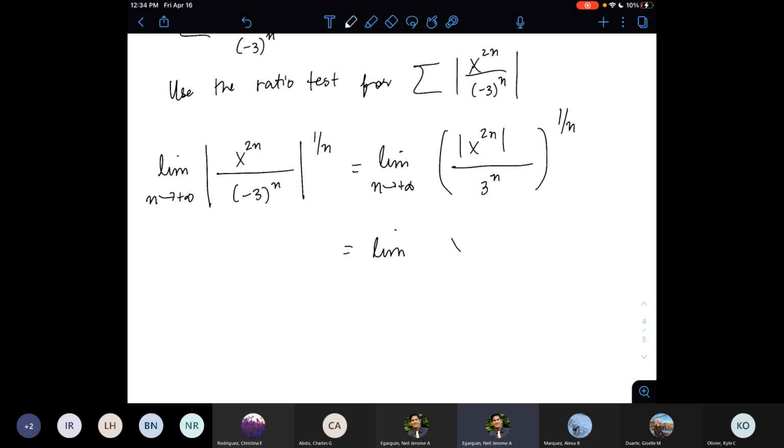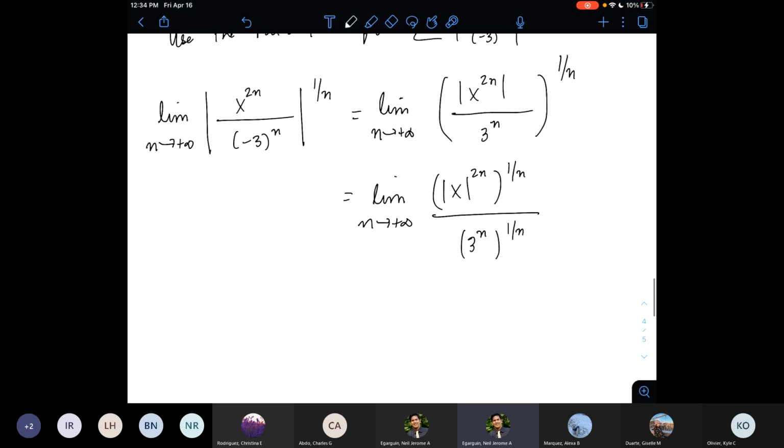So what we'll have is the absolute value of x to the 2n raised to 1 over n, all over 3 to the n raised to 1 over n. You can skip some of these manipulations of the exponents if they are clear to you. I'm just including them to illustrate the point.